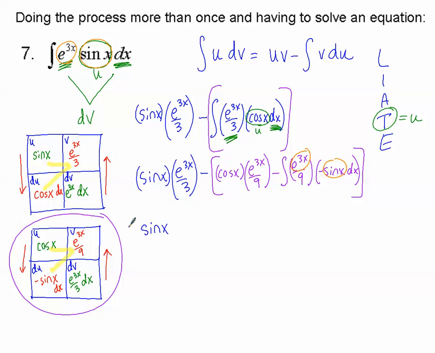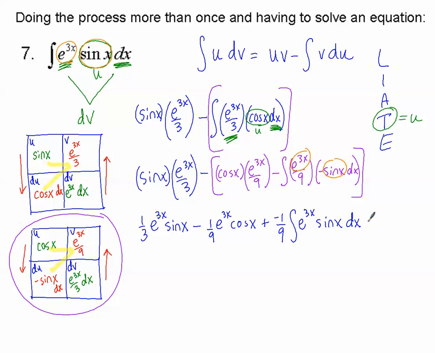So I'm going to call this, instead of sine x first, 1/3 e to the 3x times sine x minus, rearrange this as well, 1/9 e to the 3x cosine x, minus a negative integral makes plus, but I have a negative here, so plus a negative, take out the ninth, so negative 1/9, integral of e to the 3x times sine x dx.